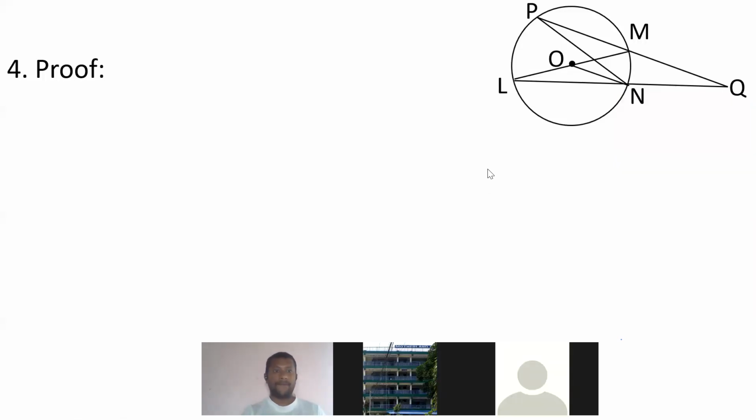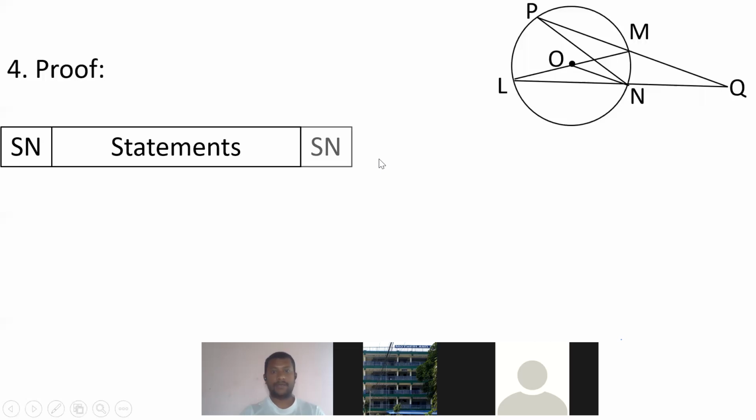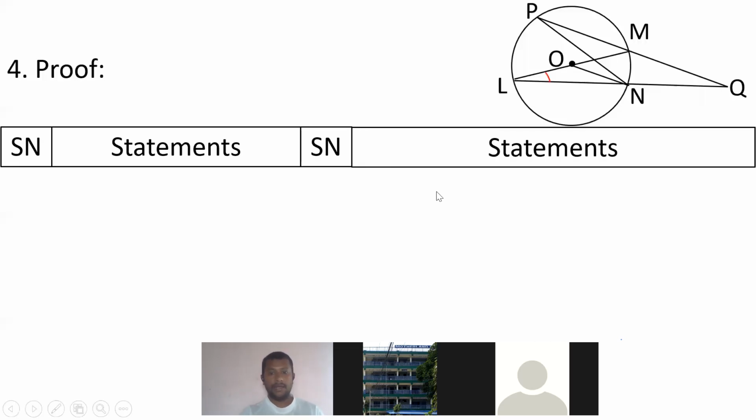So, proof. Now, shall we start the proof? First of all, let's see. Make a table. You can go along with me. The first thing we can see here is that we have been given LM equal MQ in the question.